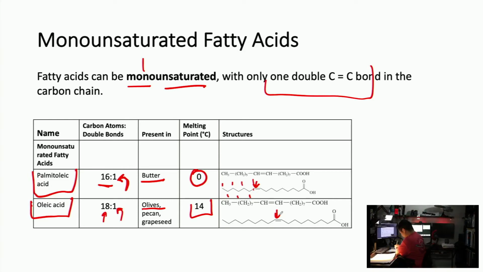Of course, if the double bond wasn't there, then there would be hydrogens up here and up here. But since there's a double bond there, those hydrogens are gone, which makes it unsaturated. A single double bond means monounsaturated fat.